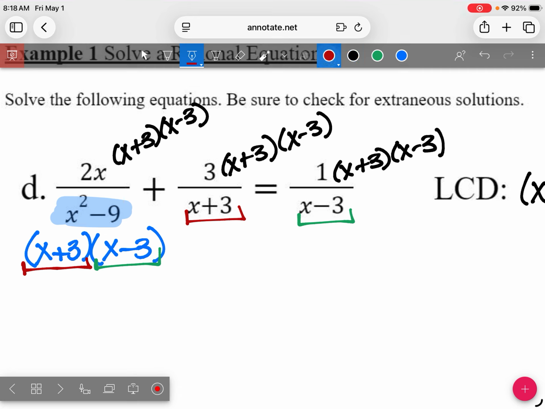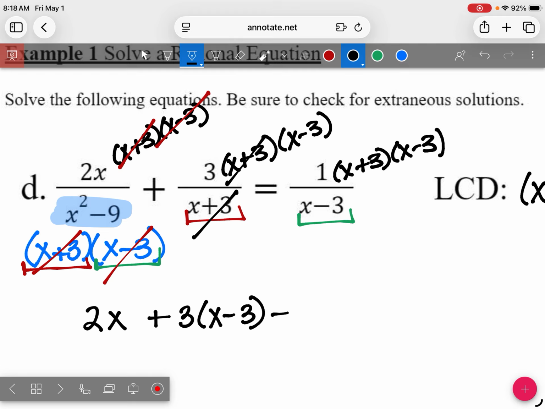On the first fraction, they both go away. And that's just going to leave me with 2x. Bring down the addition sign. What can I cancel out on the second fraction? X plus 3 goes away. And I have a 3 and an x minus 3 left.